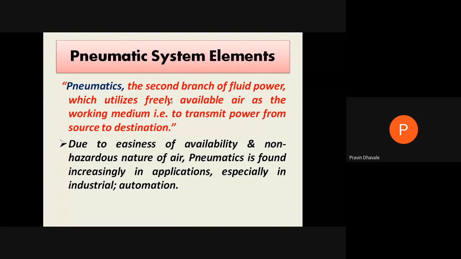Due to easy availability of air and non-hazardous nature, pneumatics is found in a wide range of applications such as industrial as well as automation.